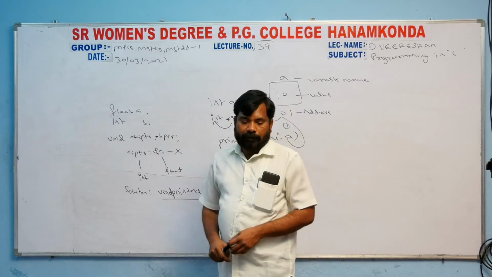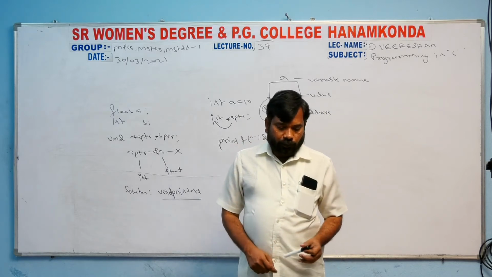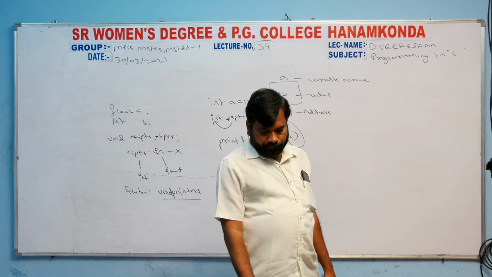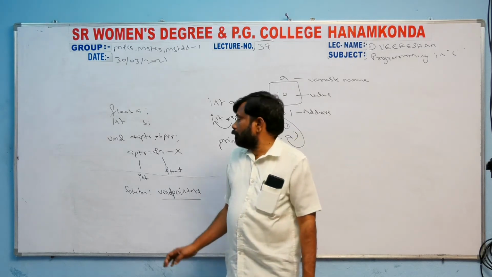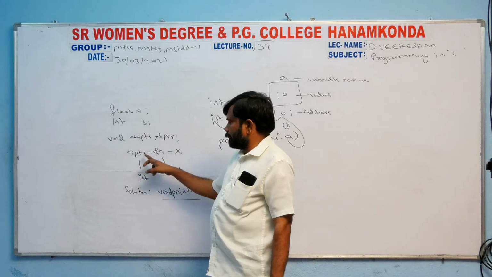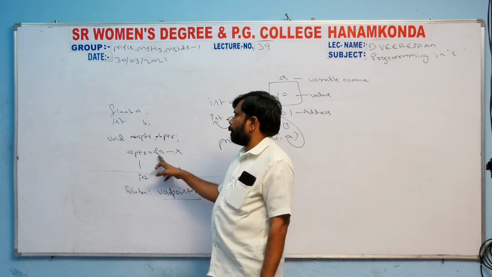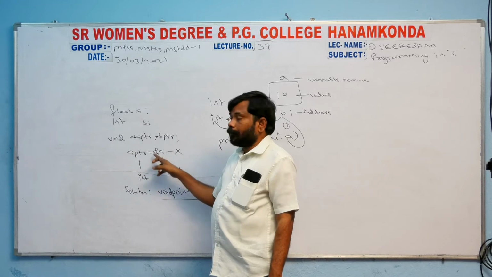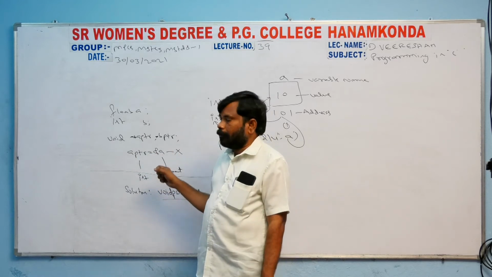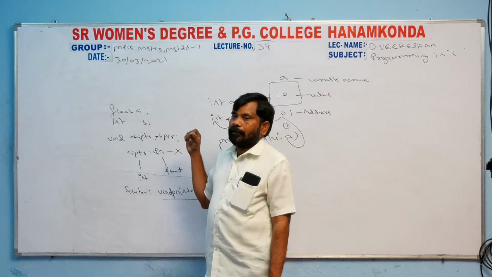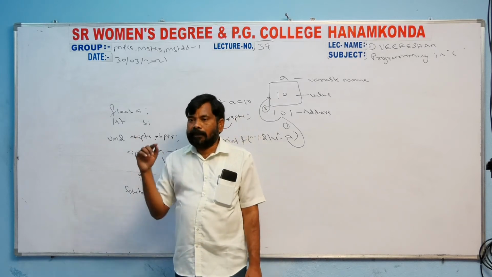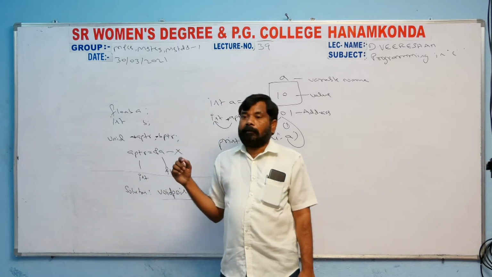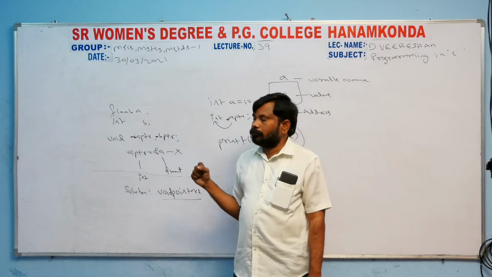See here. Now what is the meaning of this? If I use A pointer is equal to address of A, by using a void pointer it is possible. But at the same time, the variable rule says that while storing data into the variable, you must notify the compiler what type of data you are going to store.